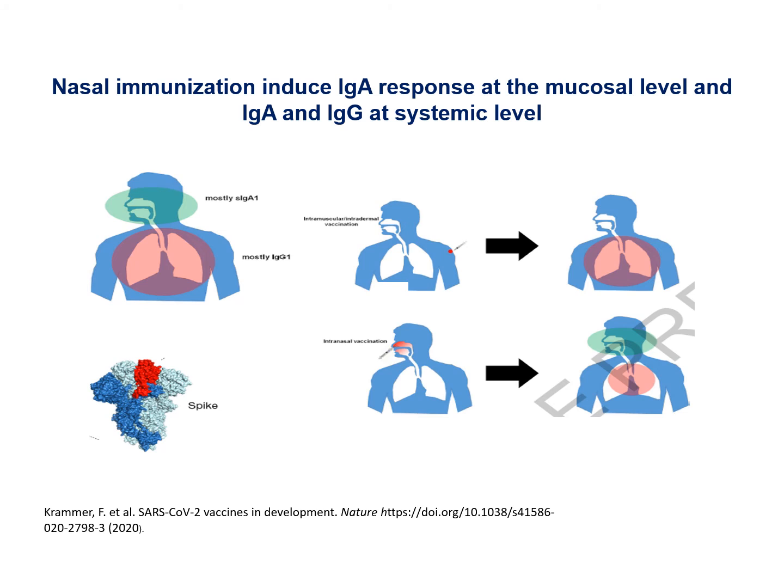As is known, the nasal route has the advantage to stimulate both the mucosal immunity and the systemic immunity. So the intranasal vaccination has the capacity to stimulate an immunological response at both levels, which differs from systemic immunization that induces an immunological response only at the systemic level.